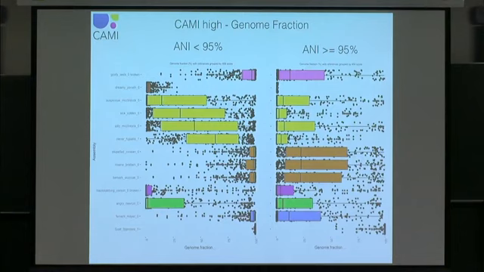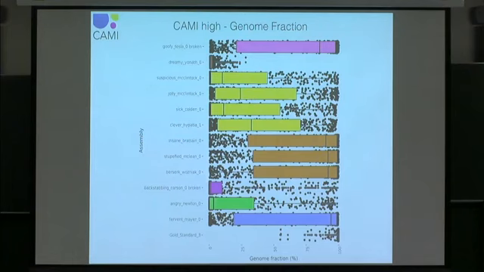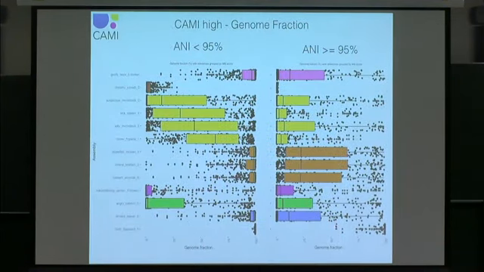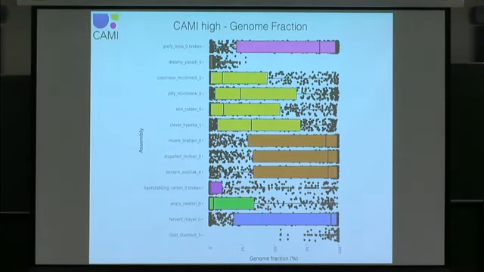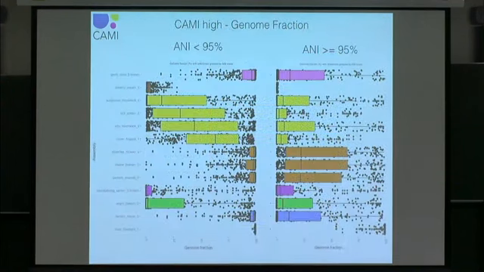Because in the gold standard, we should, in theory, be able to exactly tell those apart. Well, the gold standard, if you combine these dots and these dots, you get exactly this one here. Yeah, exactly. But for the ANI below 95%, we have always 100% genome fraction.